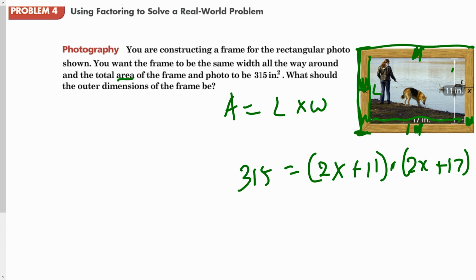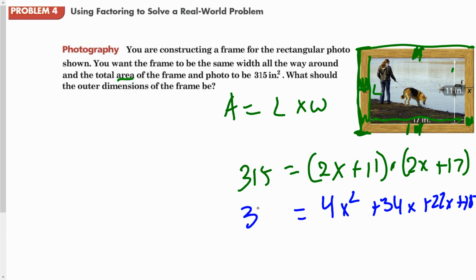So what we have to do first here, which kind of stinks a little bit, is we're going to have to multiply this out. So we get 4x squared plus 34x plus 22x, and then 17 times 11, so I'm going to have to pause that and figure out what that is. So that's 187. So plus 187.